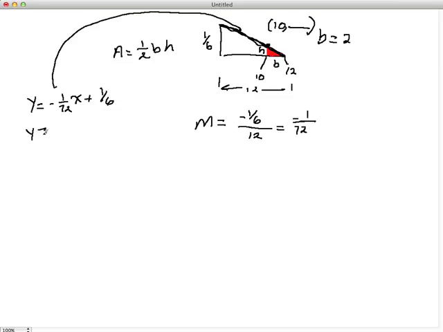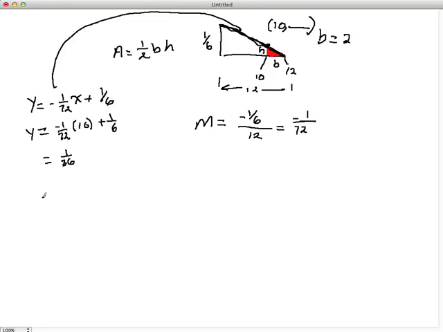So y is equal to negative 1/72 times 10 plus 1/6, which is going to be equal to what? Well, let's see, that's going to be negative 10/72 plus 1/6. If you do all the arithmetic out of that, you end up with 1/36. Okay, I'll let you do the arithmetic at that point. So that tells me that the height is equal to 1/36.